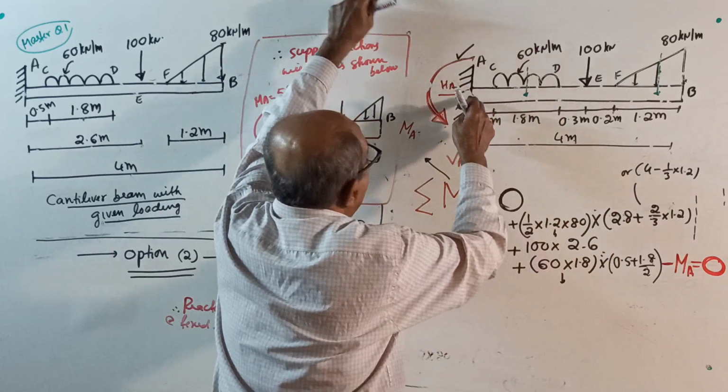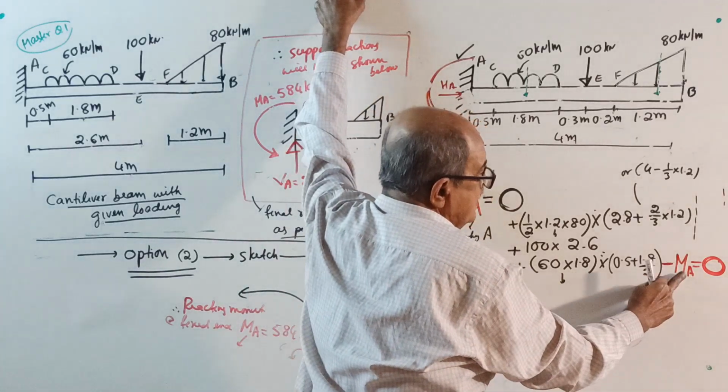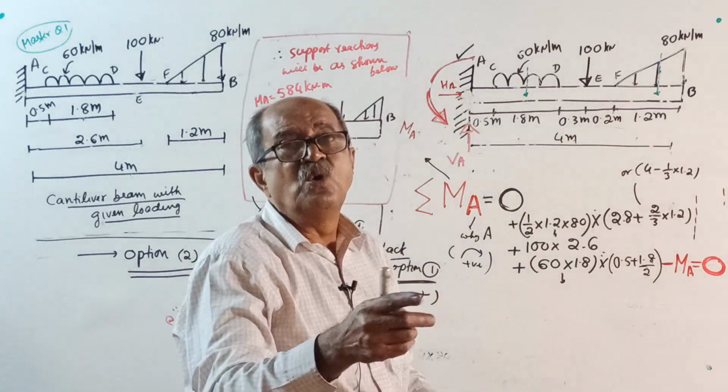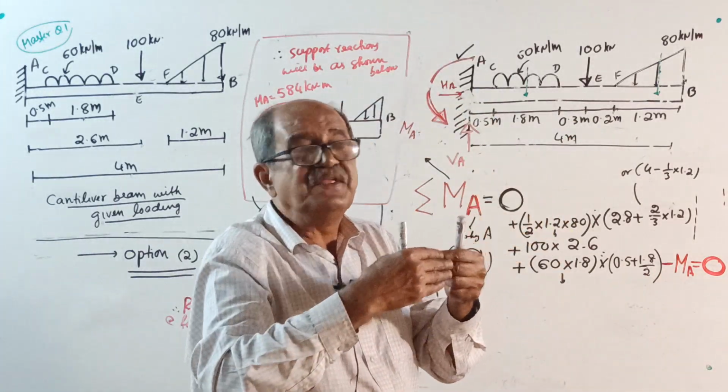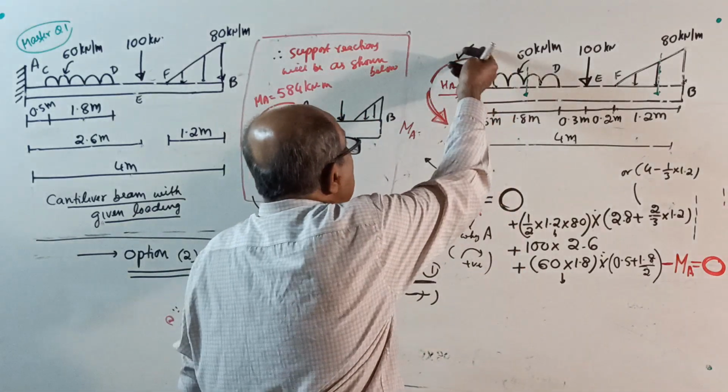I told you to look at both sides. Anti-clockwise moment minus MA. For a couple, there is no distance. For forces or loads, it is load into distance. For a couple or moment, simply the moment, minus MA.